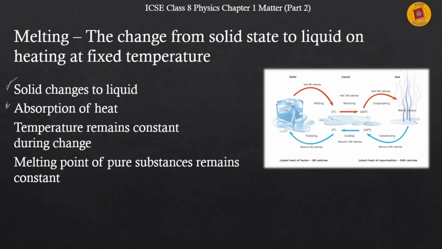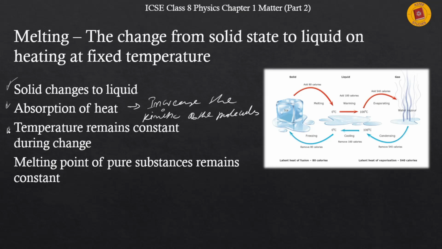We have just learned about the necessity of this heat, because that heat is required to increase the kinetic energy. This heat is utilized in increasing the kinetic energy of the molecules.